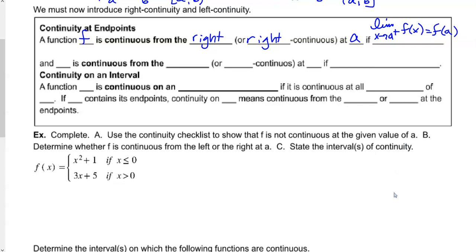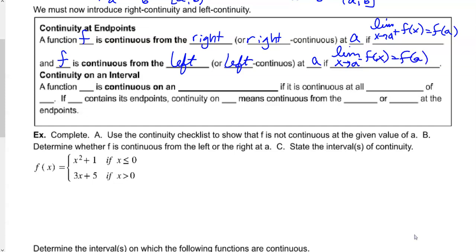Okay, so we take away where it's just a two-sided limit. Now we bring in this plus in this case on the right continuous to determine that endpoint is included or not. And f is continuous from the left, or left continuous, at a if the limit as x approaches a from the left of f of x is equal to that function value at a.